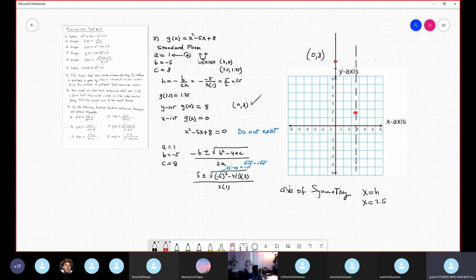So we have another point that I don't compute using algebra or arithmetic, using image symmetry: the point 5,8, because it's the same distance. That distance is 2.5, and this distance should be 2.5, and 2.5 plus 2.5 is 5. Therefore the point is 5,8, because the x component increases but the y component stays the same, since it's symmetric.